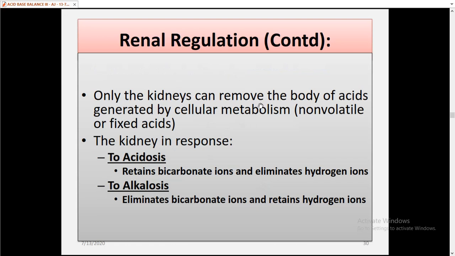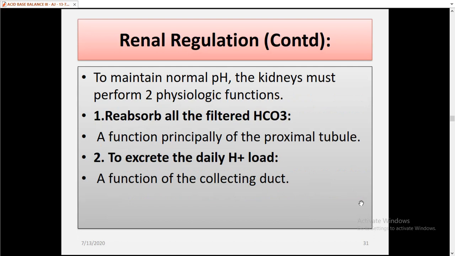Only kidneys can remove the fixed acids which are generated in the cellular metabolism by two methods. If the case is of acidosis, then the kidneys will retain bicarbonate ions and eliminate hydrogen ions. If the case is of alkalosis, then the kidneys will eliminate bicarbonate ions and retain the hydrogen ions.